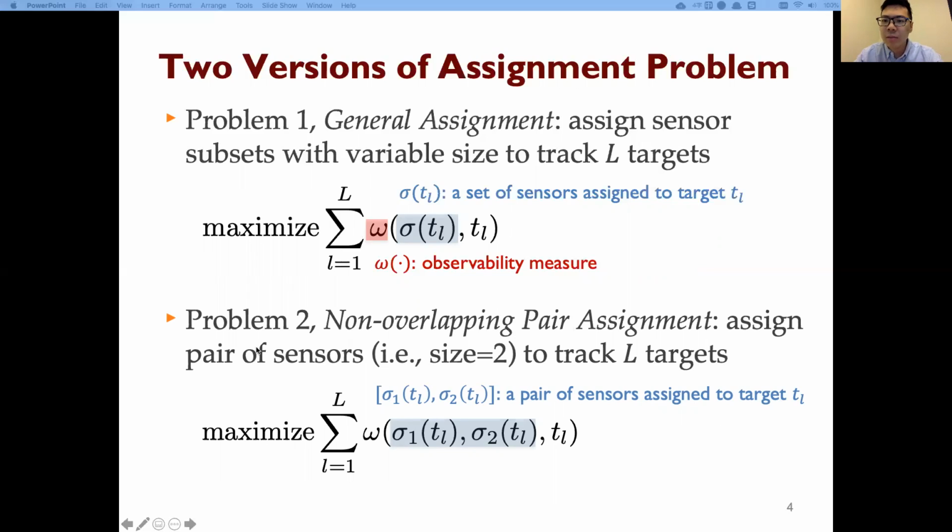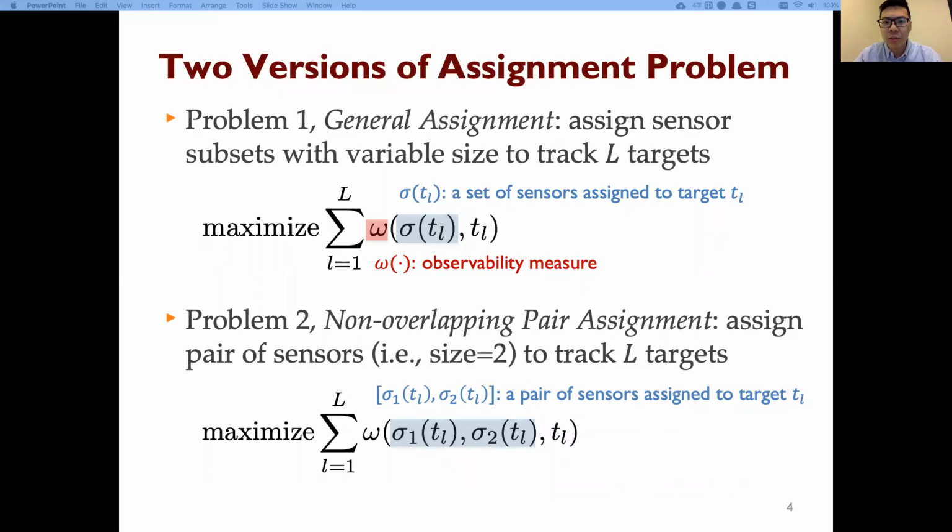This is motivated by the previous study that two sensors are necessary to track a target in a 2D environment if the sensor is either the range sensor or the bearing sensor. Again, the objective is to maximize the total observability measures of all targets. These two problems are NP hard, which means there's no polynomial time algorithm for solving them optimally.